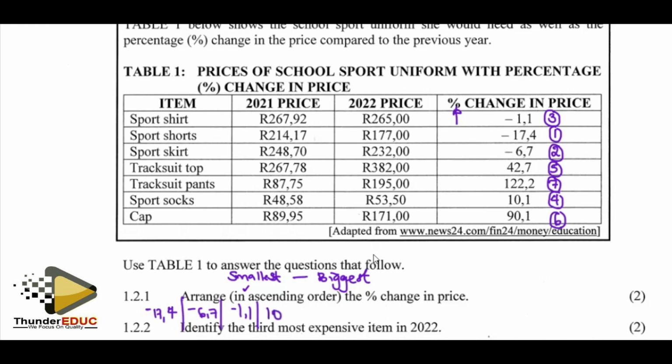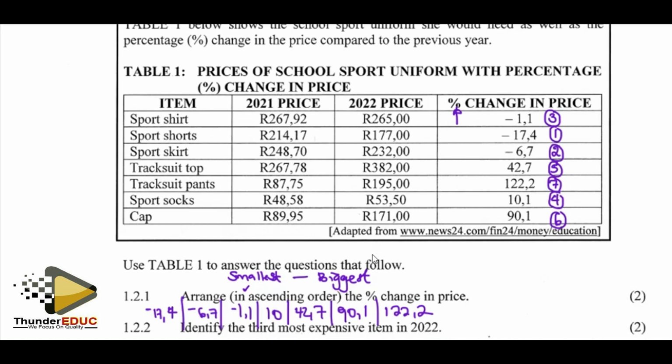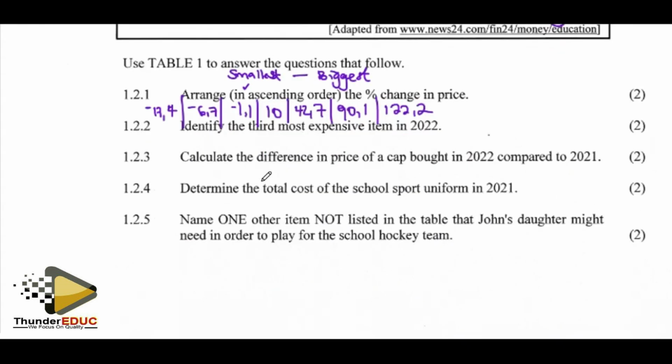We have a 10, then 42,7. Then we have 90,1. And at last we have 122,2. That's the ascending order.